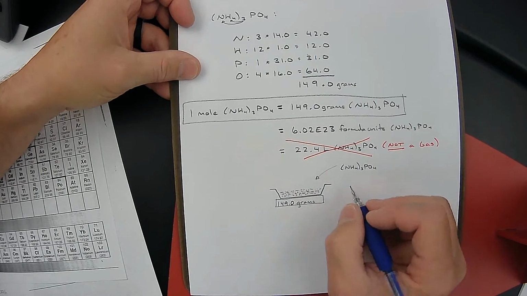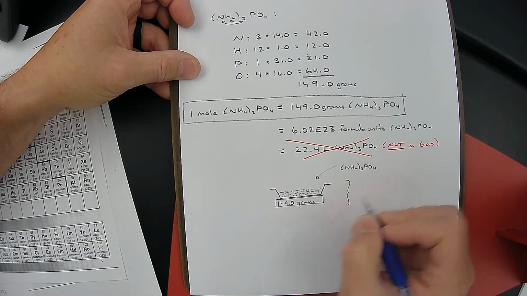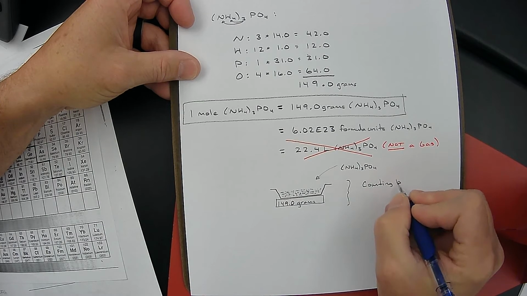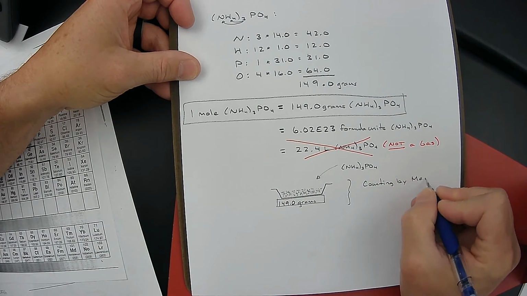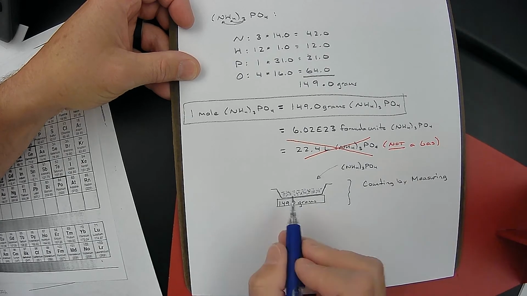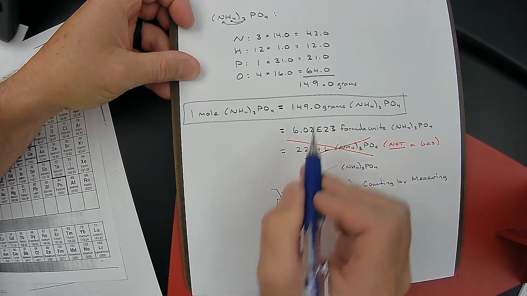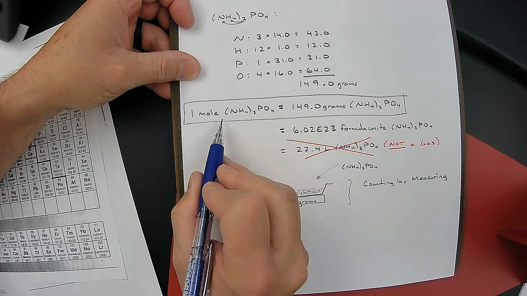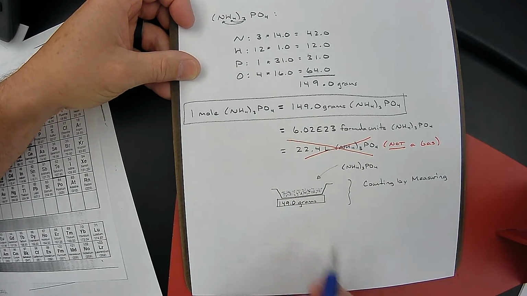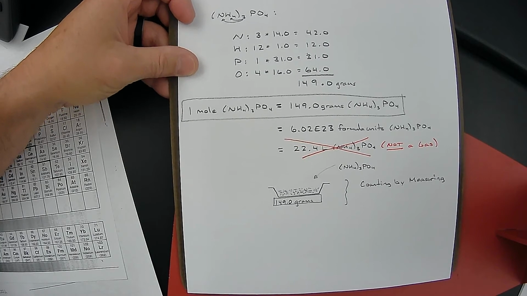We call this counting by measuring. We cannot count the number of particles, but we can measure the mass of them, and then we'll know we have 1 mole and also 602 billion trillion formula units.